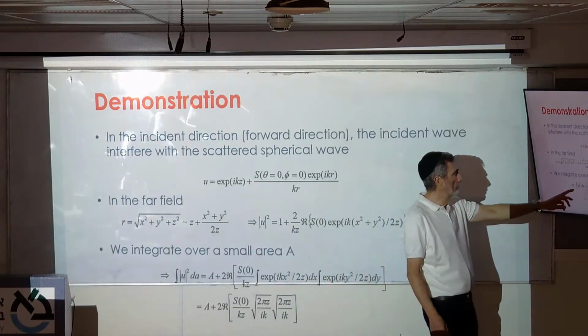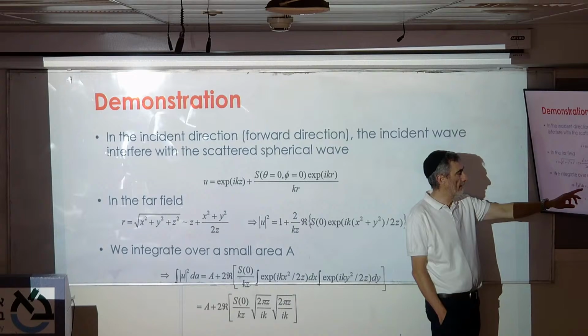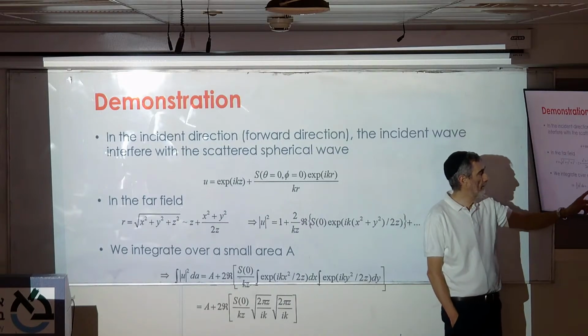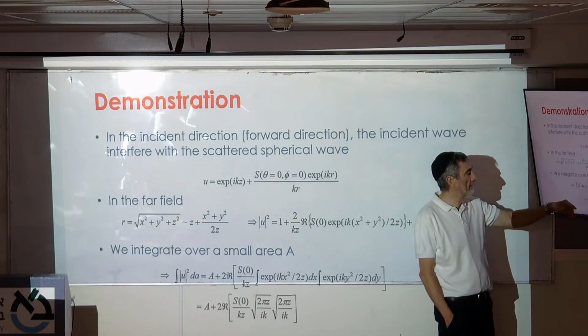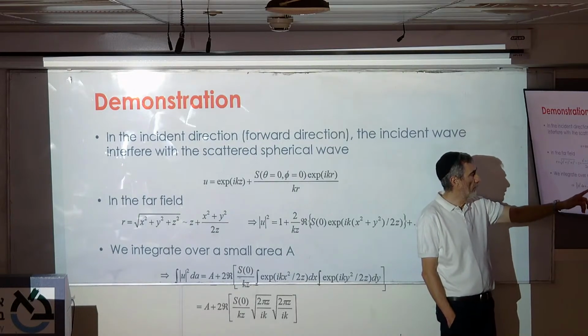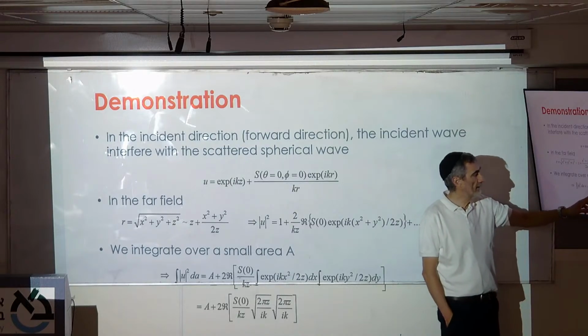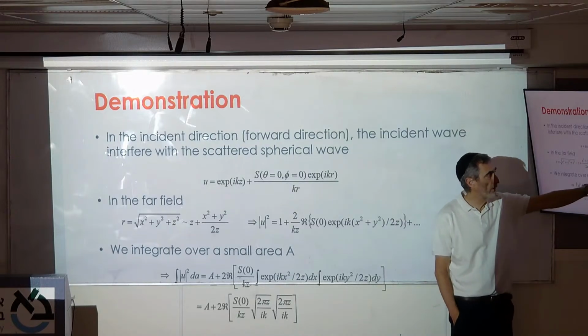So you have two identical integrals for x and y. Those integrals are well known. They give you a number which is the square root of 2 pi z over ik, for both terms here.